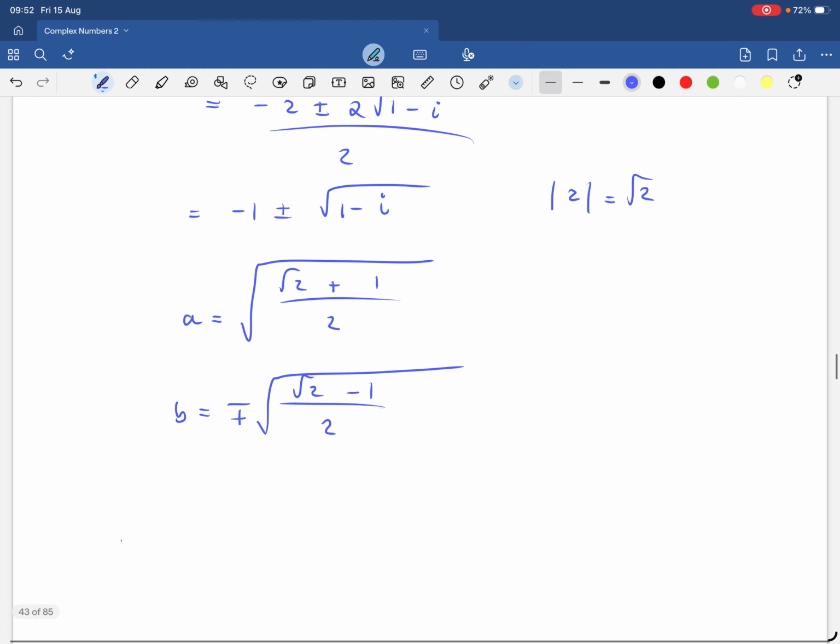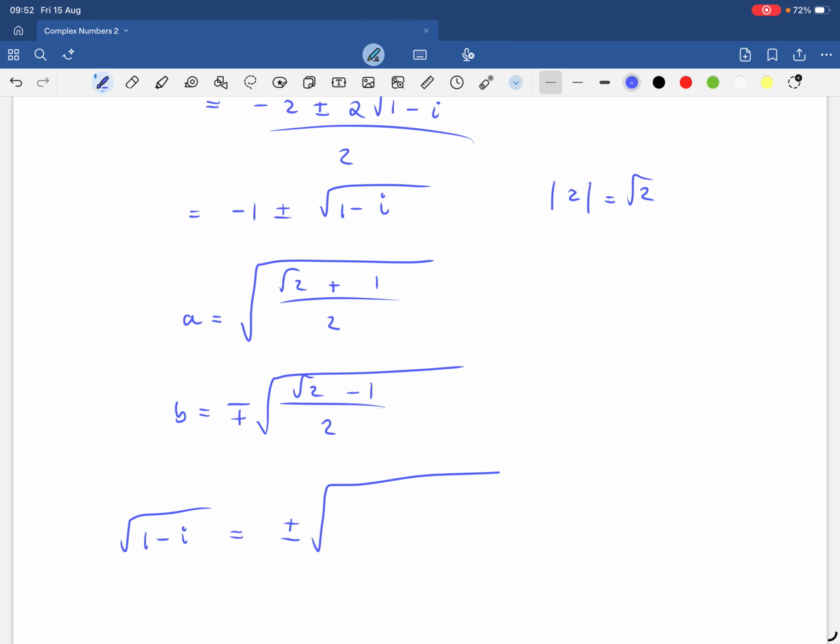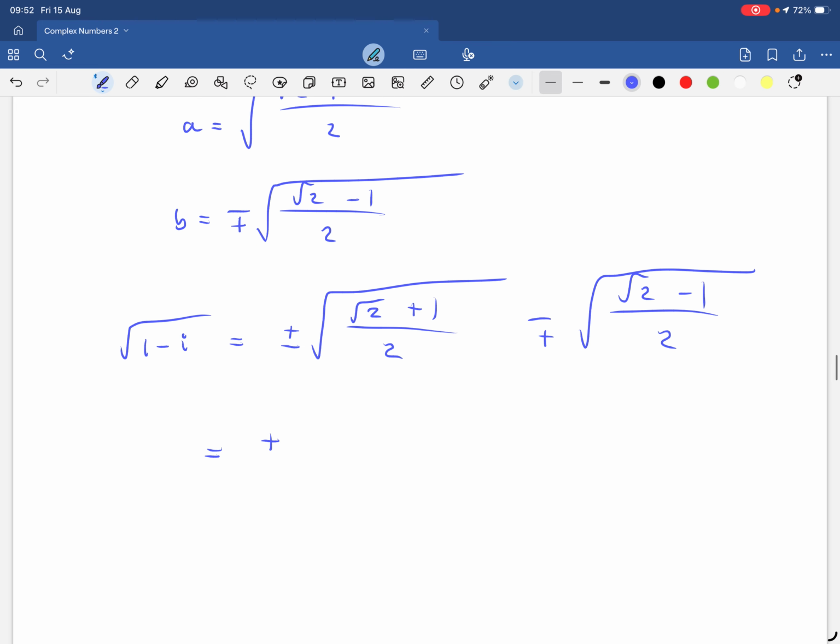So the square root of 1 minus i, quite a complicated square root, is plus or minus the square root of (root 2 plus 1) over 2, minus plus the square root of (root 2 minus 1) on 2, which we could write as plus or minus, big bracket, root (root 2 plus 1 on 2) minus i root (root 2 minus 1 on 2).